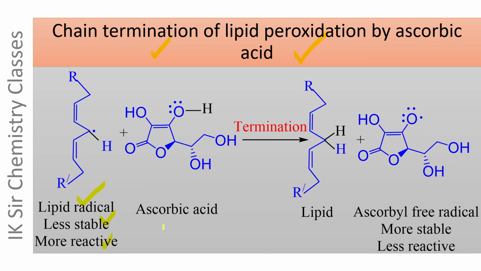It is ascorbic acid molecule. This hydrogen atom, along with its electron, is transferred to this position, forming lipid, and a more stable, less reactive ascorbyl free radical. This is ascorbyl free radical. Thus, the chain reaction of lipid peroxidation reaction is terminated, leading to the formation of lipid and more stable ascorbyl free radical.